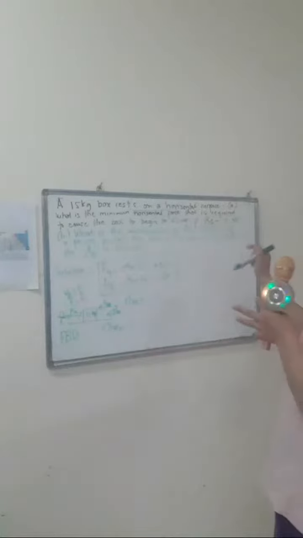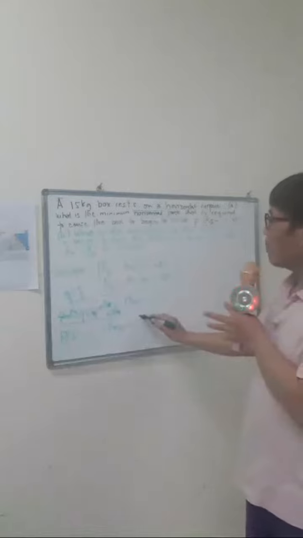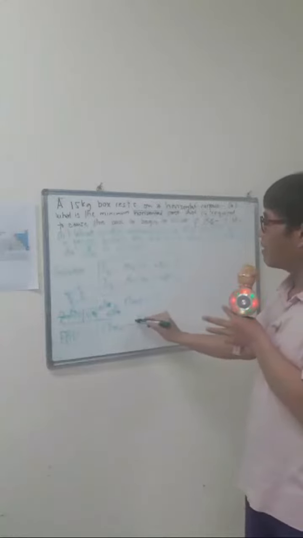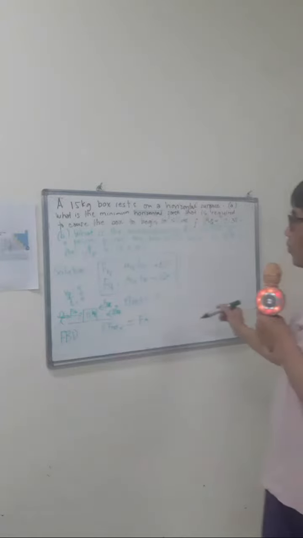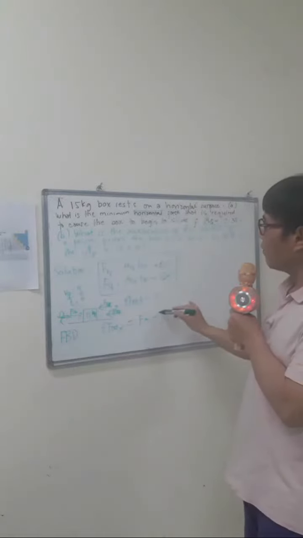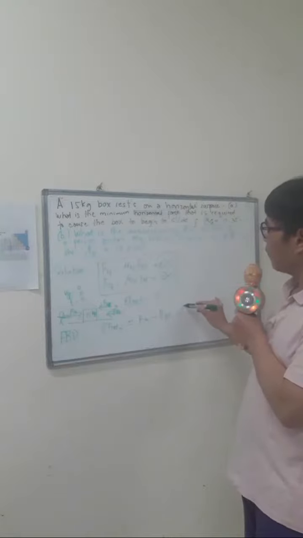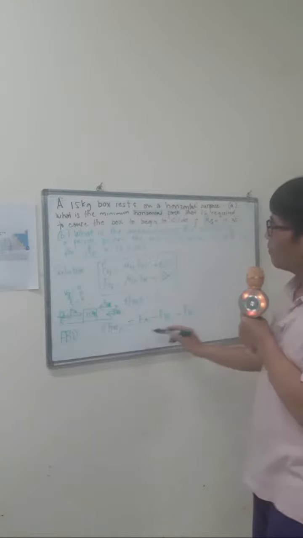We have the applied force, which is positive, and then we also have the negative frictional static force, and the negative frictional kinetic force. Those are the horizontal forces. You get the point.